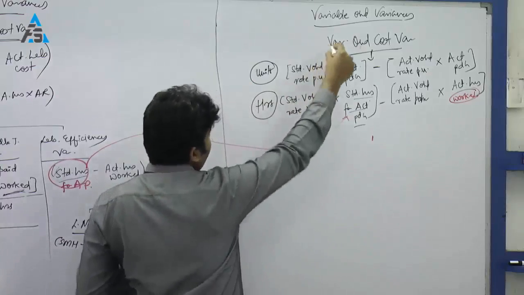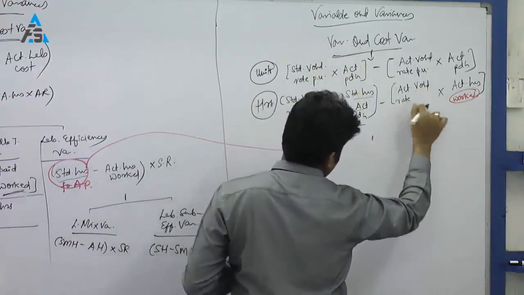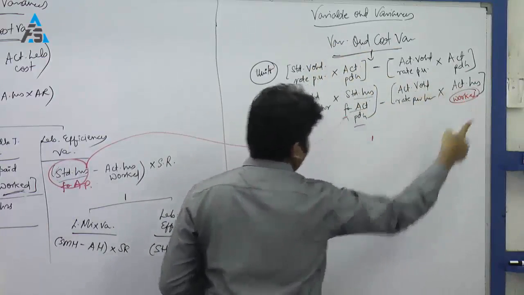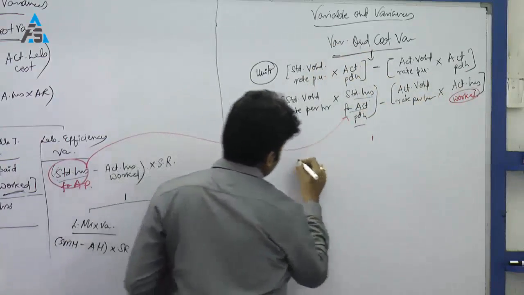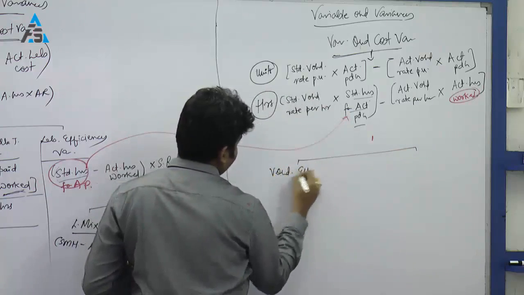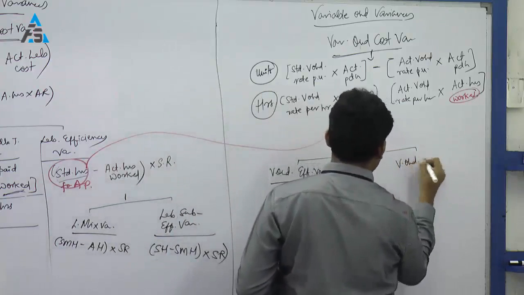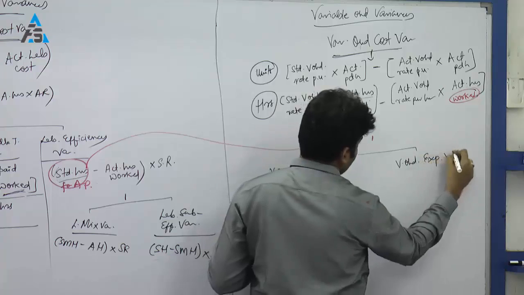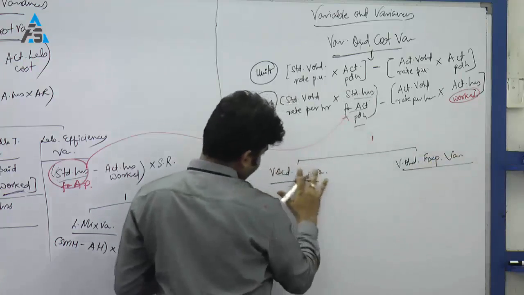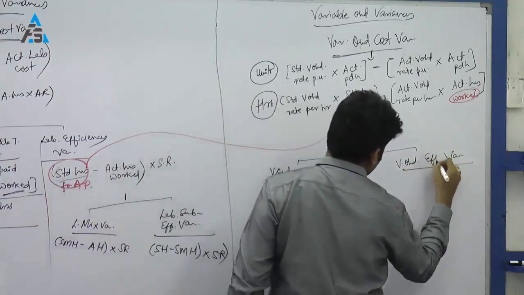So variable overhead cost variance is actual variable overhead rate per hour into actual hours worked. It is divided into two aspects: one is variable overhead efficiency variance and the other is variable overhead expenditure variance. I'll write expenditure here just to keep consistency, and then this will be efficiency.